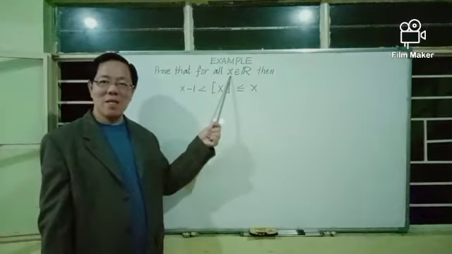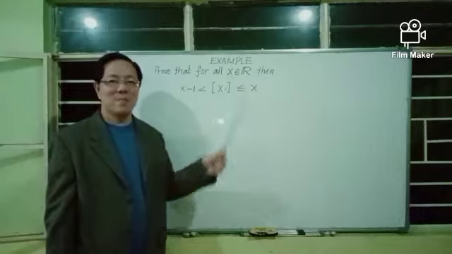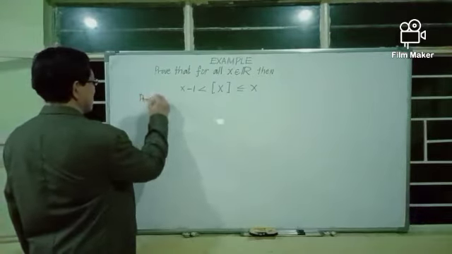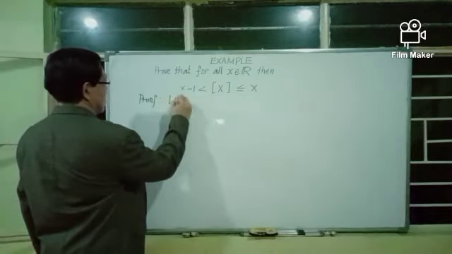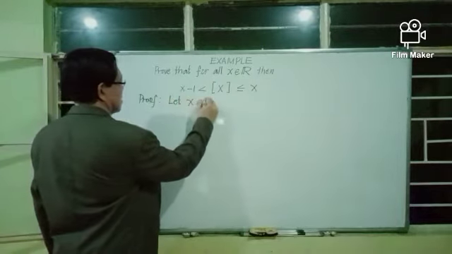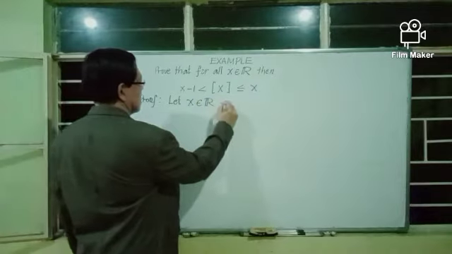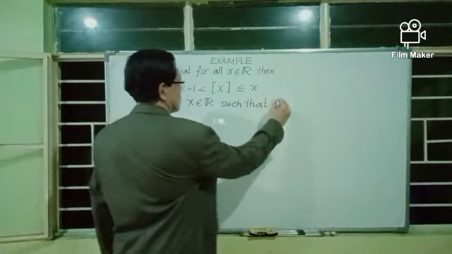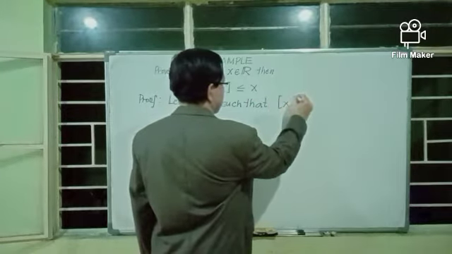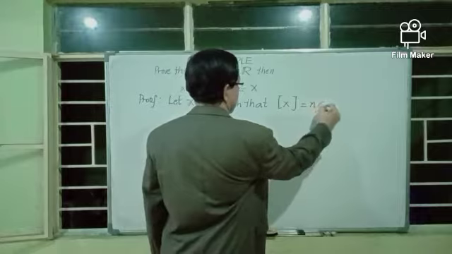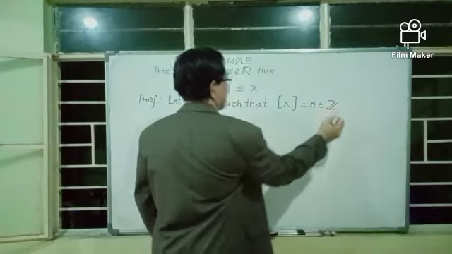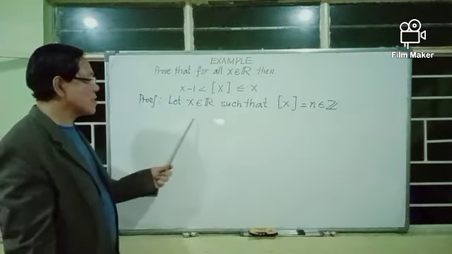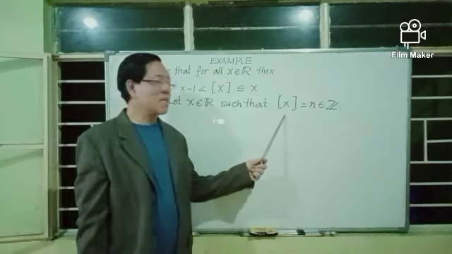We start with the given. We are given that x is any real number. So we let x be any real number such that the floor of x is equal to n.